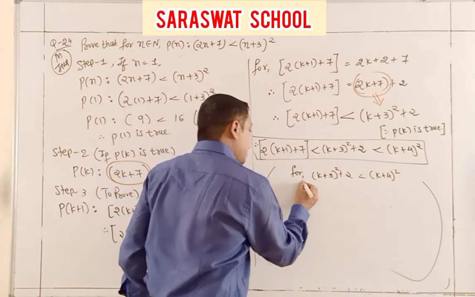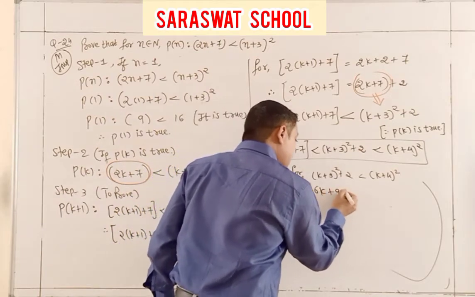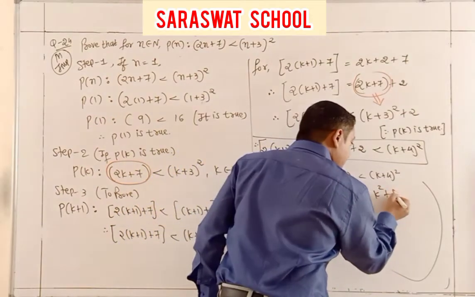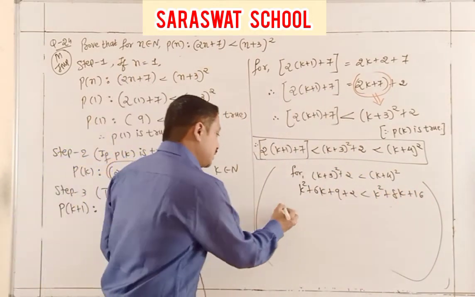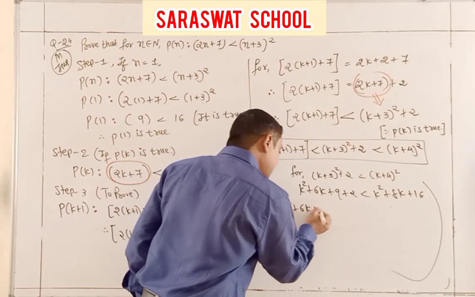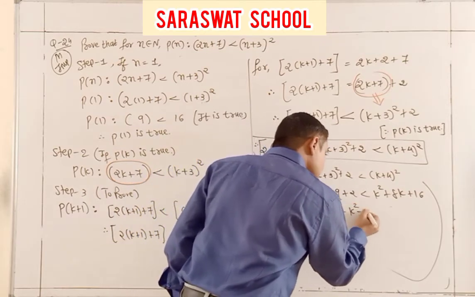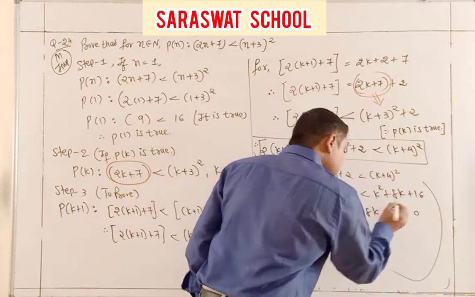So k square plus 6k plus 9 plus 2 minus k square minus 8k minus 16 is less than 0.